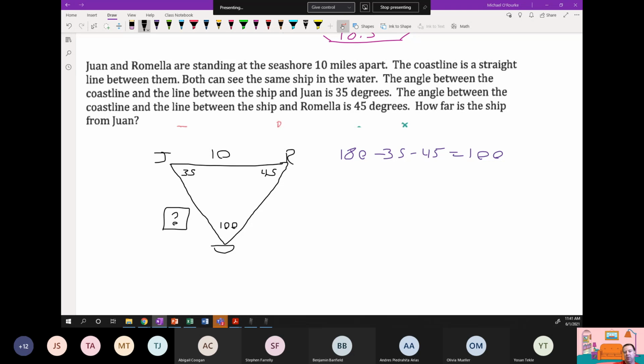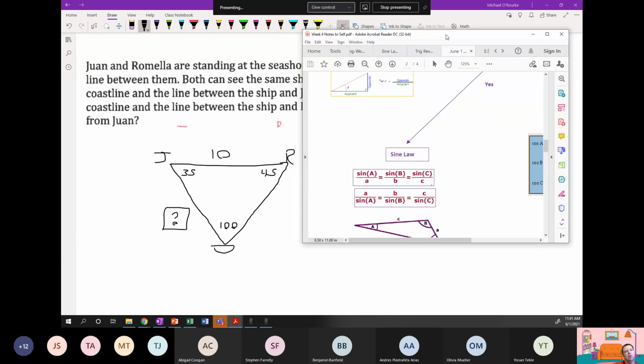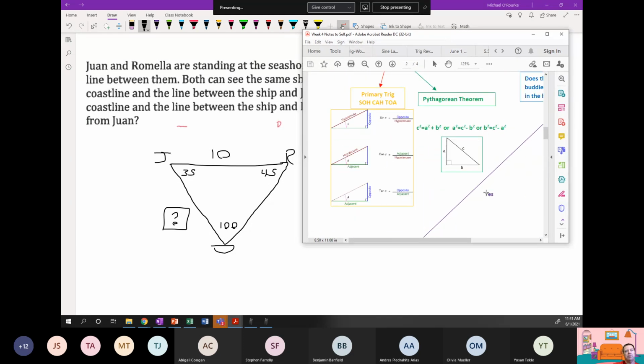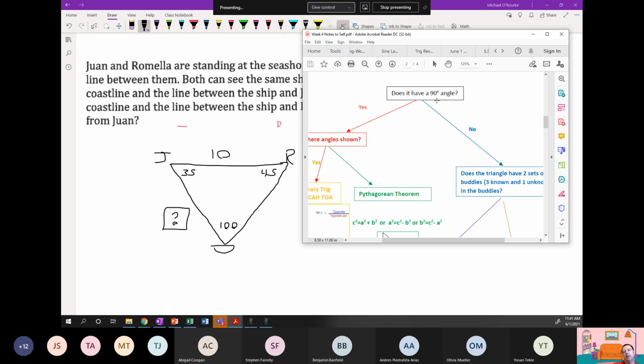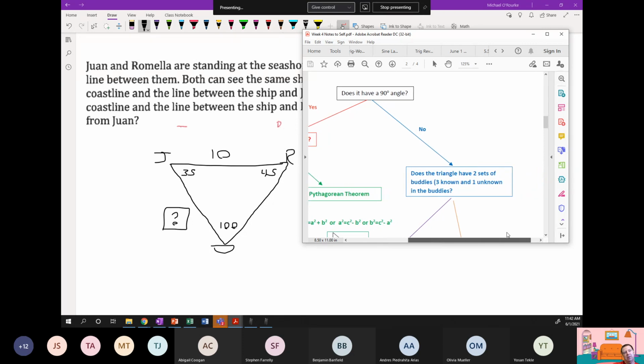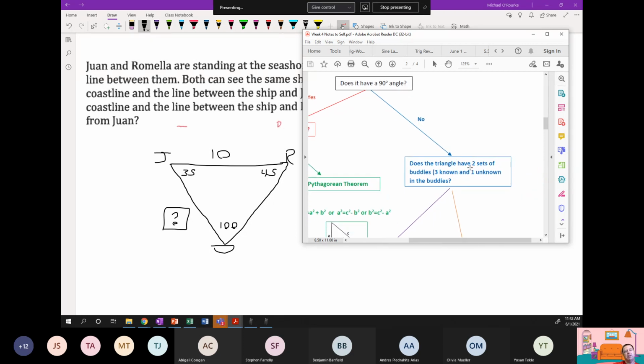So let's go through our thought process here. First things first, does our triangle have a 90-degree angle? Yes or no? No. So I follow this over. Does our triangle have 2 sets of buddies?